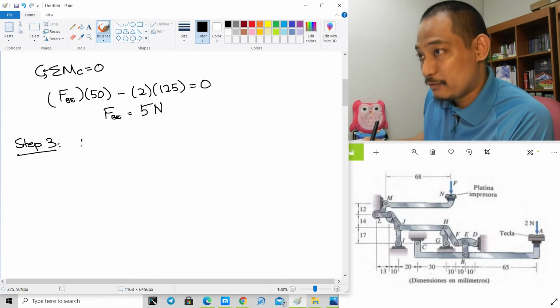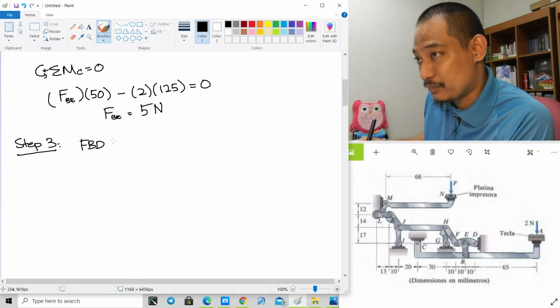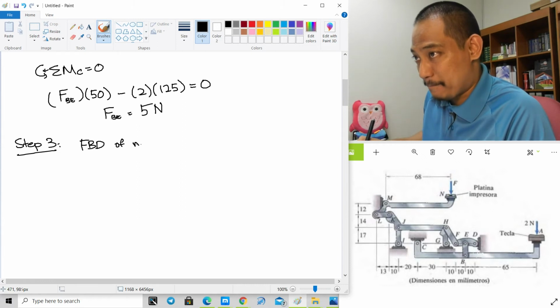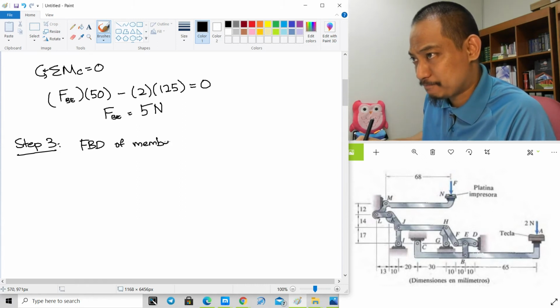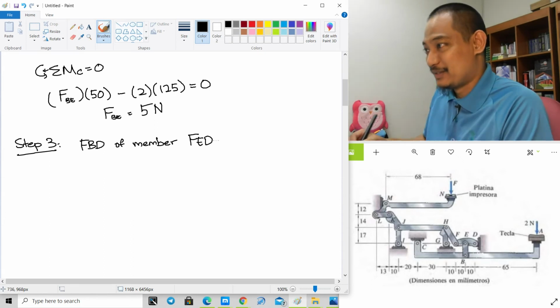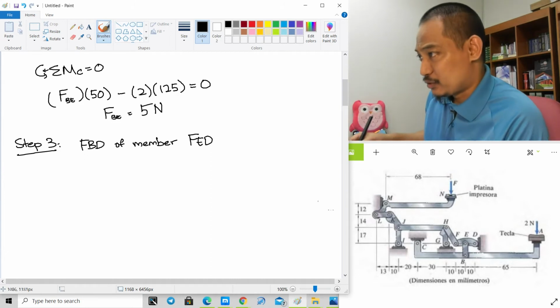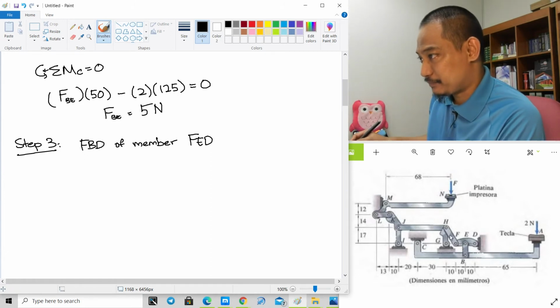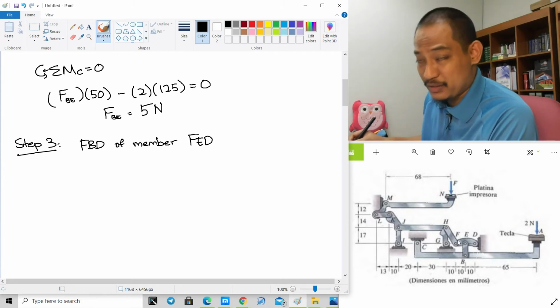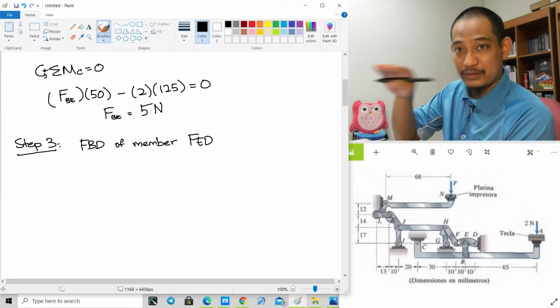So we draw the free body diagram, basically we solve the member FED, or DEF, whichever way you want to read it. So it is basically this one over here in the diagram. It is shown that the 3 pins are horizontally on the same line.